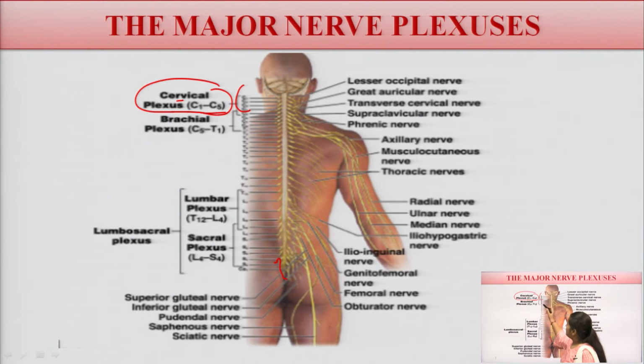Now, with its continuation, there is a brachial plexus from C5 to T1. C5 is cervical, and T1 is thoracic vertebra number 1. Now this is the lumbar plexus. So the lumbar plexus is from T12 to L4, that is from thoracic vertebra number 12 to lumbar vertebra number 4.